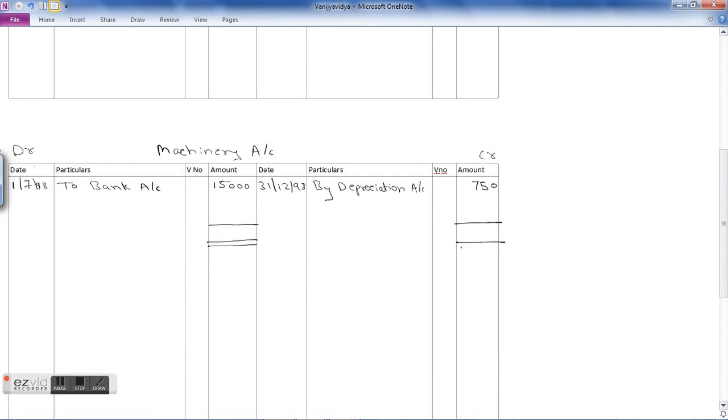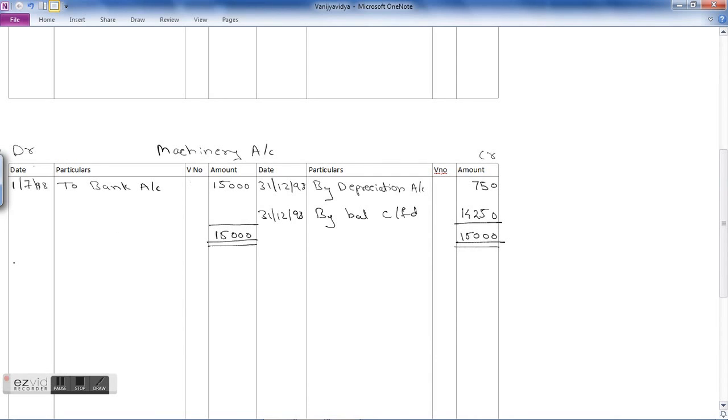Okay, now total of debit side is 15,000, right? So on 31/12/98 by balance carry forward 15,000 minus 750, that comes to 14,250.